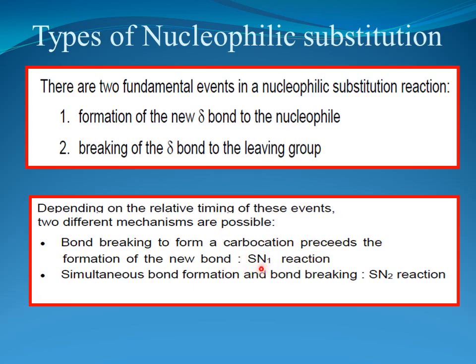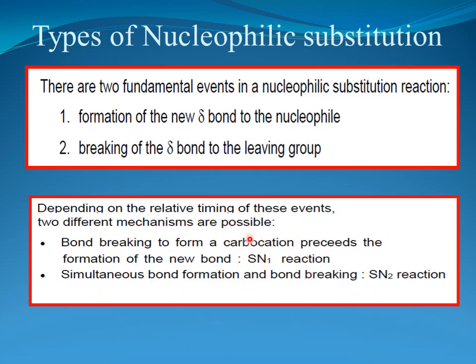One stands for unimolecular. Secondly, bond formation and bond breaking occur simultaneously. Such substitution reactions are called SN2 reactions, or nucleophilic substitution bimolecular. Two stands for bimolecular. Now students, we are going to discuss SN1 and SN2 reactions in detail.